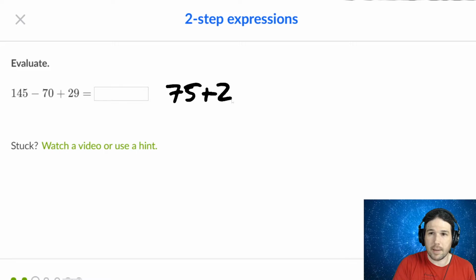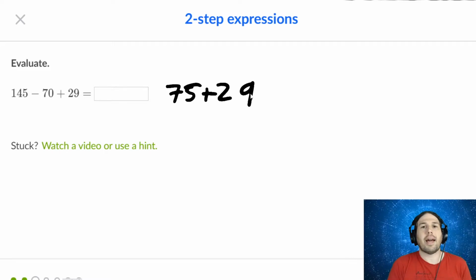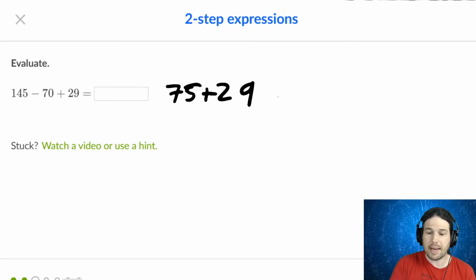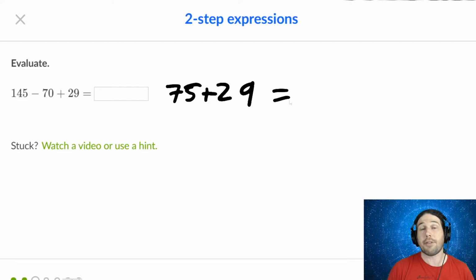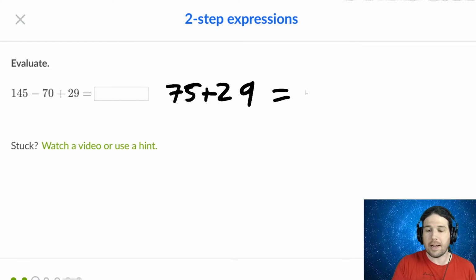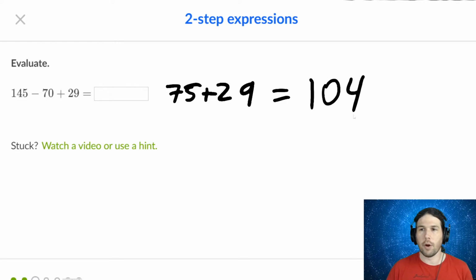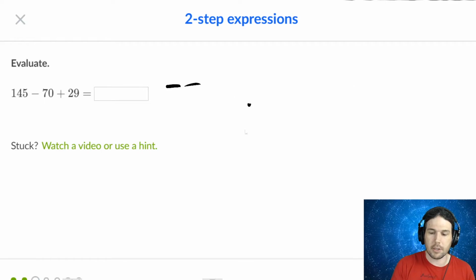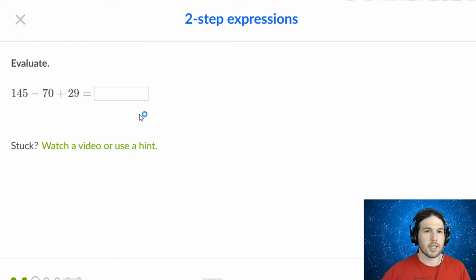And then plus 29. And we have had lots and lots of practice on this channel evaluating problems like this. If I'm going to add 29, I usually add 30 and subtract 1, right? Add 30 to get 105, subtract 1 to get 104. So the correct answer, I believe, assuming I didn't screw up somewhere, is 104.